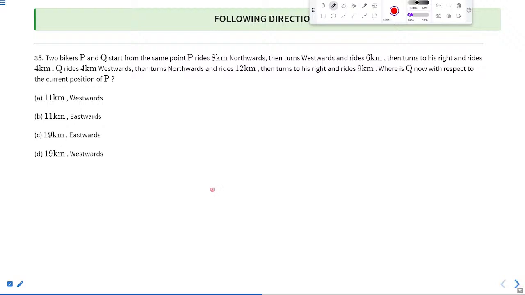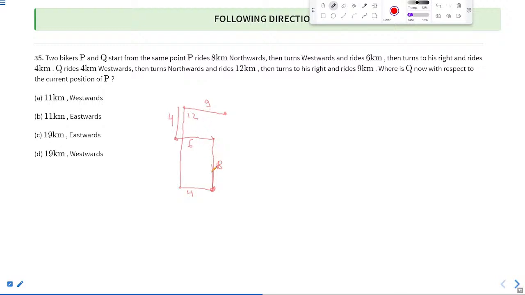Okay, so two people start from the same position. P rides 8 km north, then turns west, so rides 6, then turns right and rides 4. Q on the other hand rides 4 west, rides 12 north, then turns right and rides 9.